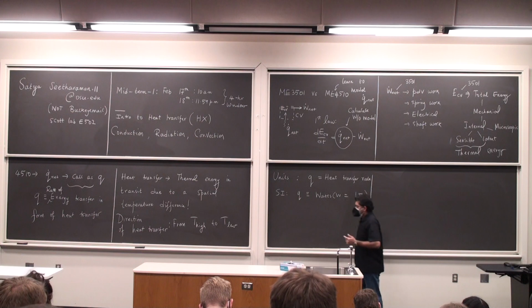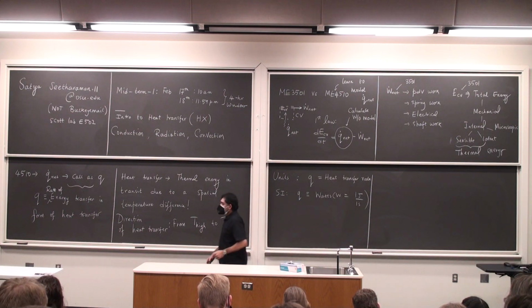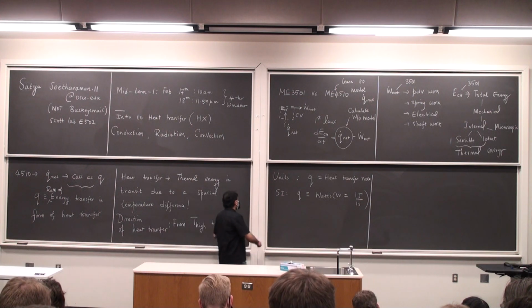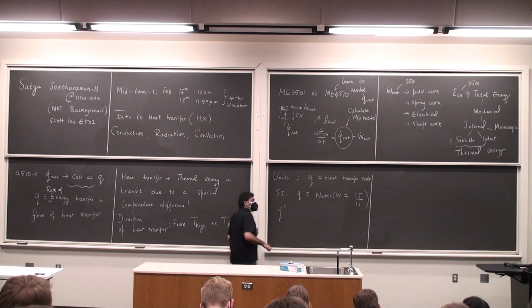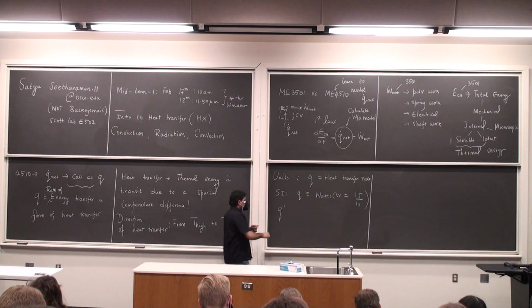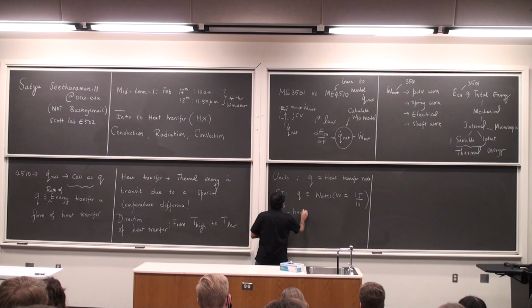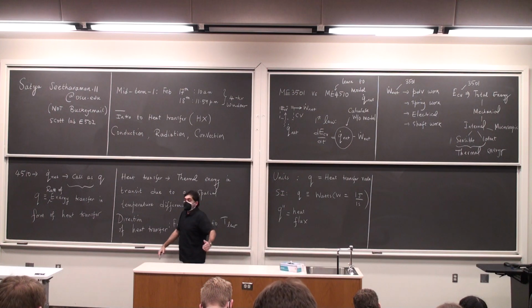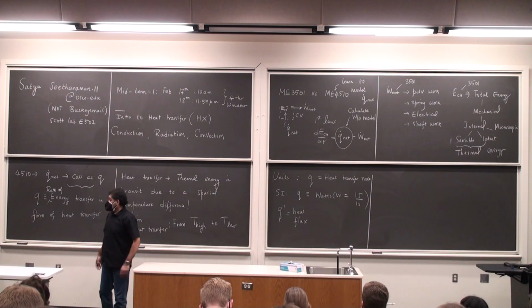You will also come across another creature in this course very often, something called heat flux. Q double prime, which is called heat flux. Which is nothing but rate of heat transfer per unit area.